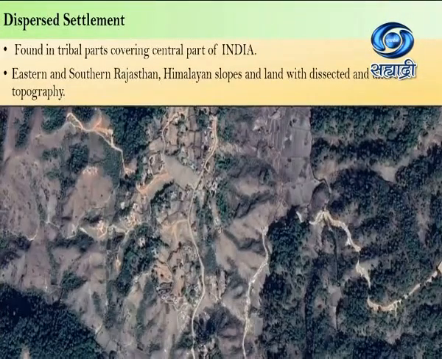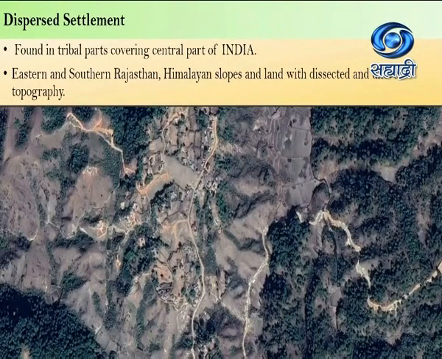Now, where are the dispersed settlements? Here the picture shows you the dispersed settlements, far away. The houses are far away from each other. Such settlements are found in tribal parts covering the central part of India. Wherever you find tribal people or mountainous areas which are inaccessible, you will find such settlements.